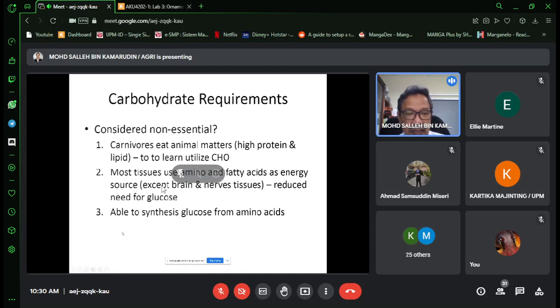And another thing is that the fish are also able to synthesize glucose from amino acid. There will be a great waste here if amino acid that are expensive in the feed, if they are used for synthesizing glucose. So rugilah daripada mahal kepada murah.